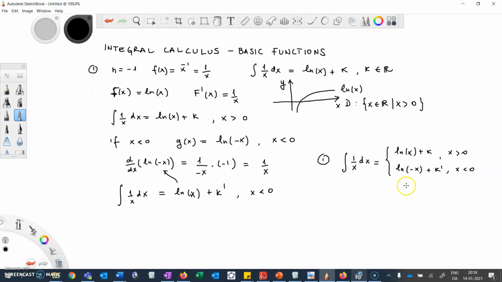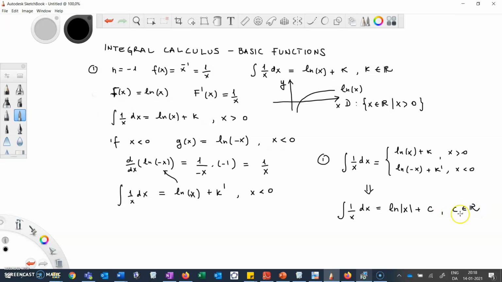And therefore I can rewrite all this as the integral of 1 over x in dx as in fact the natural logarithm of the absolute value of x plus a generic constant c, where c belongs to the real numbers.